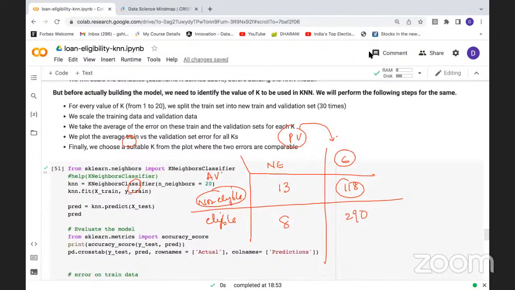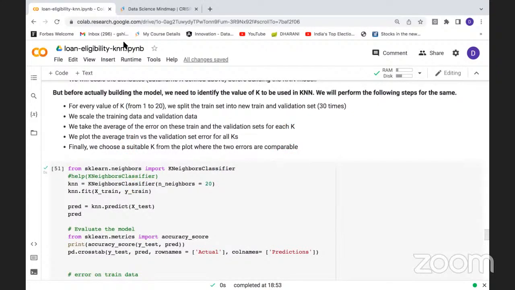Because of this, it is a non-parametric algorithm and it is also called a lazy learner. When you call any algorithm a lazy learner, it is not learning any math equations from any pattern; pattern learning is not happening.